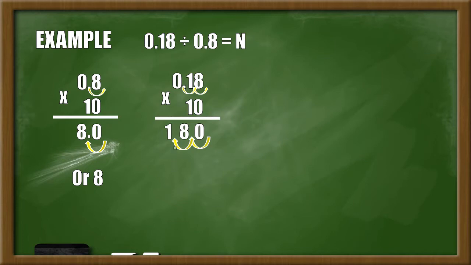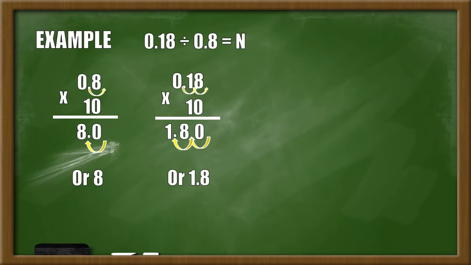So our answer is 1.80 or 1.8. So our dividend is 1.8. Understood? Very good. Okay, we are done multiplying the divisor and the dividend by 10 just to make it a whole number.